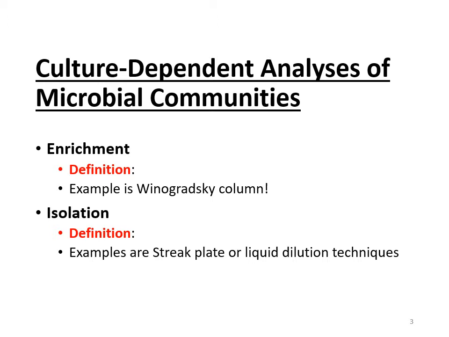An example of isolation technique to study community structure is the quadrant streak that you performed. Okay, so rather than trying to get a robust variety of different microbes, with the quadrant streak, you take a sample and you dilute it down to get pure single colonies, individual single organisms. Okay, so make sure you understand the difference between enrichment and isolation.